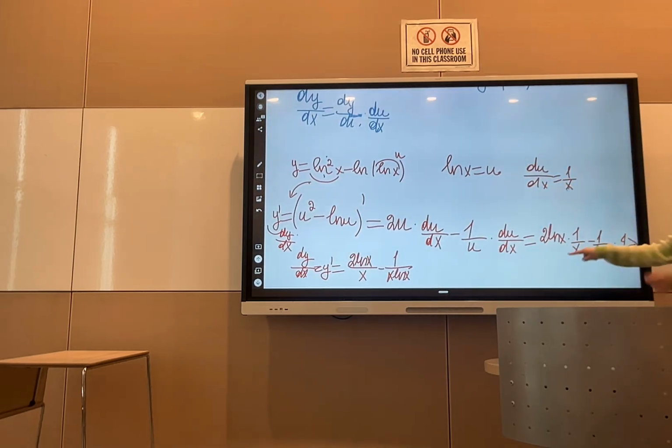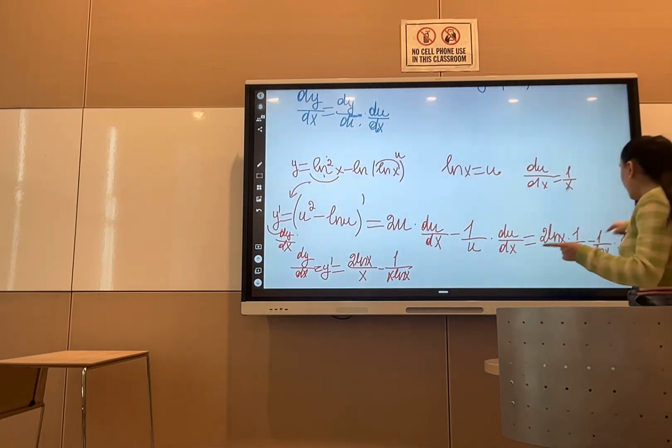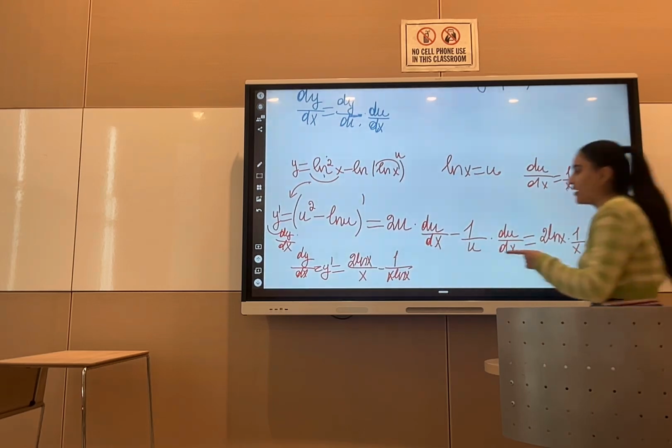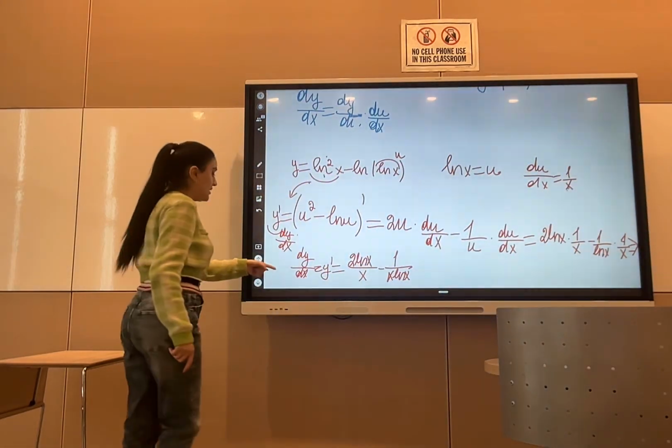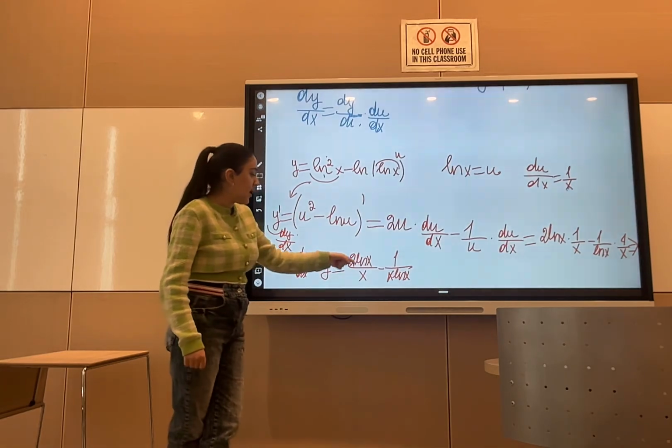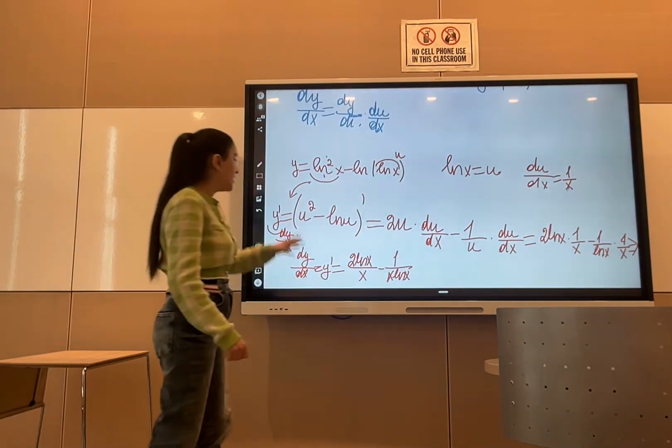We write 2 ln x times 1 over x minus 1 over ln x multiplied by 1 over x. So we find again dy over dx, the derivative of y with respect to x: 2 ln x over x minus 1 over x ln x.